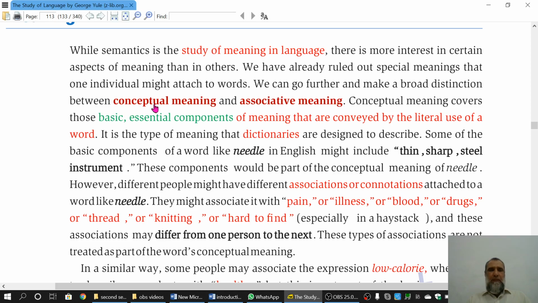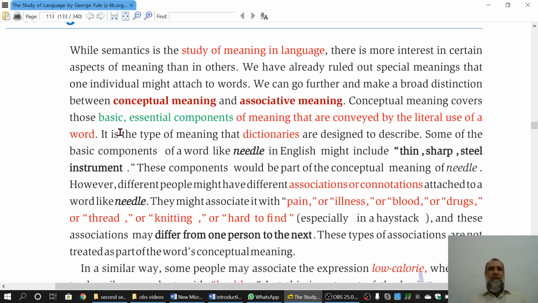Coming first to this conceptual meaning, we say that the conceptual meaning of a sentence or of a phrase or of a word is very basic. Why? Because it consists of the essential components of meaning that are conveyed by the literal use of a word. This is what we mean by the conceptual meaning.